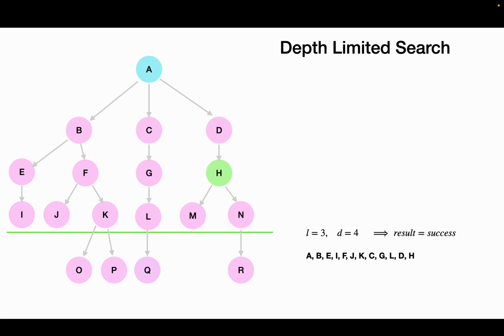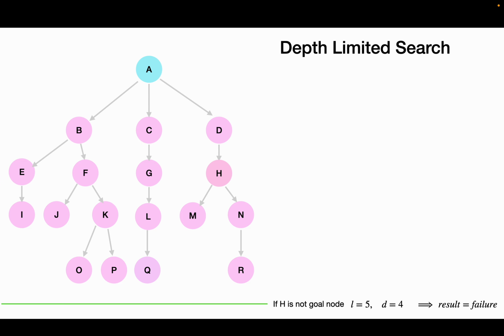So after K it goes back to C, G, L and D and H. That's how it concludes. And what happens if the goal node is not there?